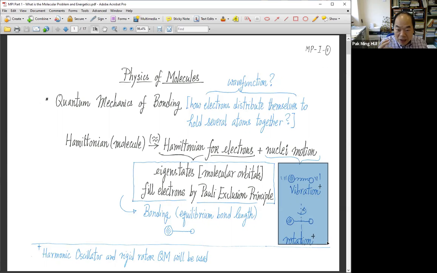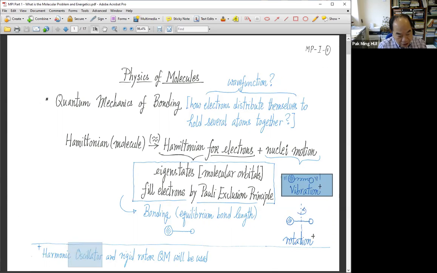Even if we know the electron's behavior that is responsible for bonding, we have these two nuclei connected by a bond. They could vibrate, and the whole molecule could rotate. So certainly it is more complicated, but not as complicated as you may think, because vibrational physics is nothing but oscillator physics.